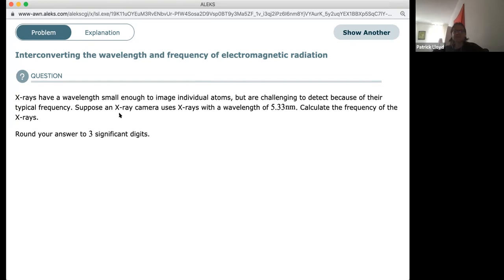Calculate the frequency of the X-rays, okay? Notice only one number is given here. That's just the wavelength in nanometers, 5.33 nanometers. We want to find the frequency. Okay, so the wavelength.